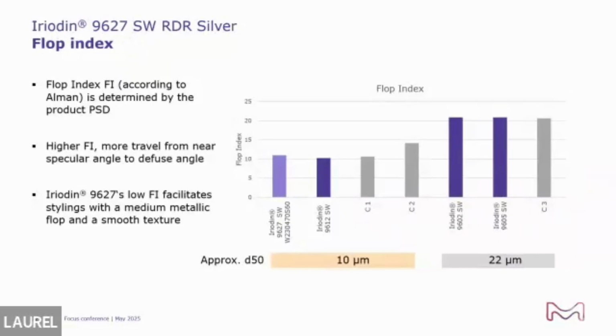Normally, if it's the same technology, the bigger particle size will have a better travel, so we'll have a higher flop index number. This shows the comparison of where all those products fall. You can see the bigger particle size definitely travels more, and the smaller particle size travels less. That's just the way it is.